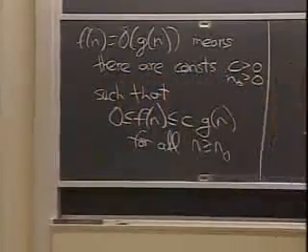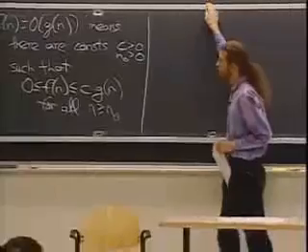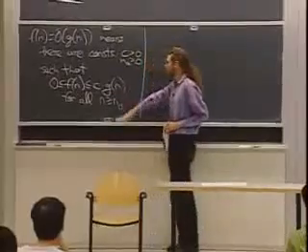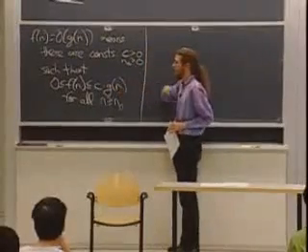This is a pretty intuitive notion. We're going to assume that f of n is non-negative here, and I just want f of n to be bounded above by g of n.